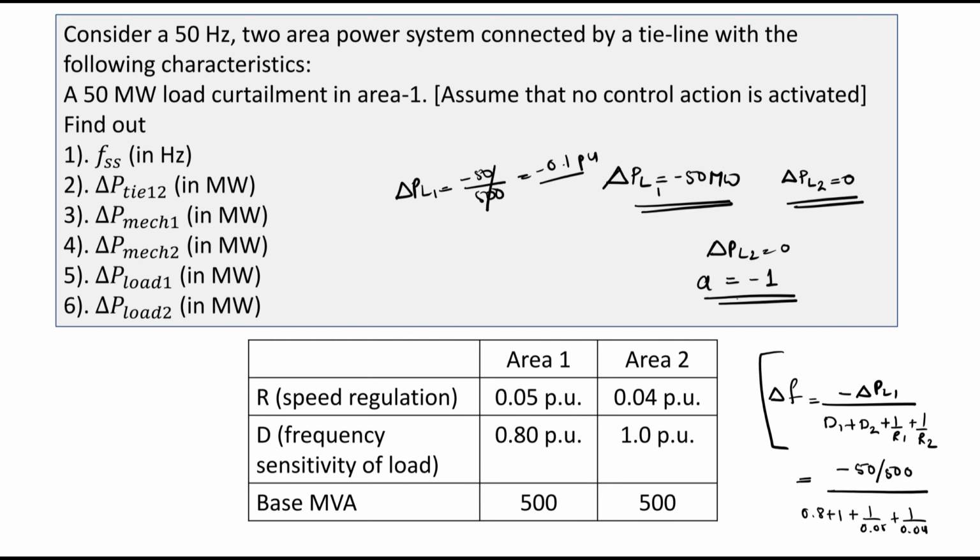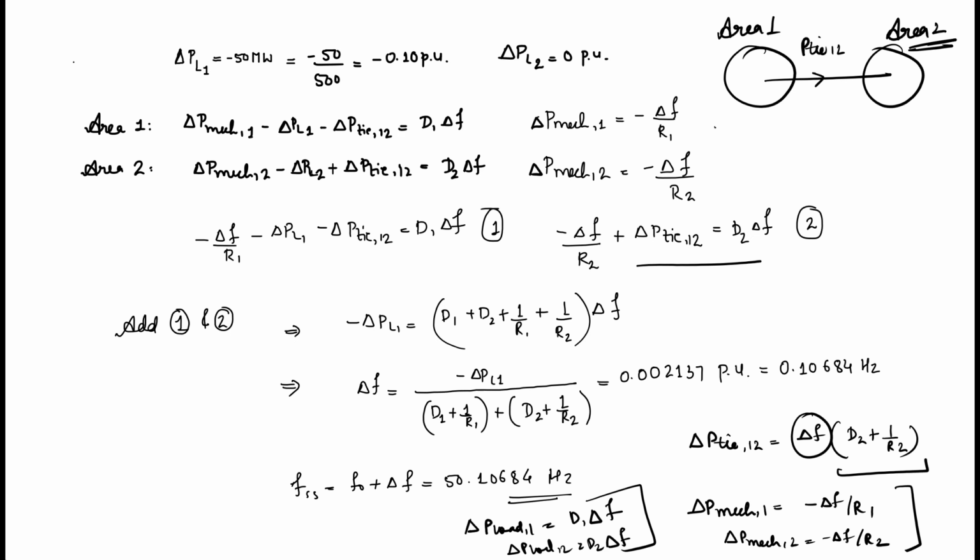Even if you don't remember this formula, remember these basic equations. We have 4 equations. One is delta P max 1 minus delta PL1 minus delta P tie is equal to D1 into delta F. Second is delta P max 2 for area 2 minus delta PL2 plus delta P tie 1,2 is equal to D2 into delta F. This is area 1, this is area 2.